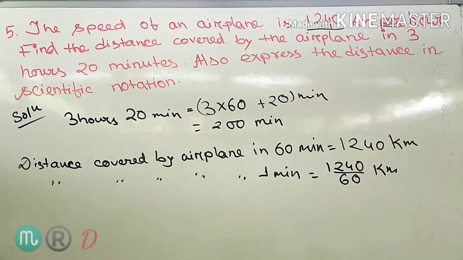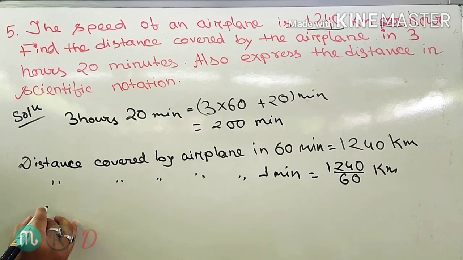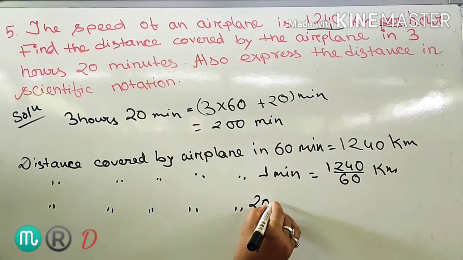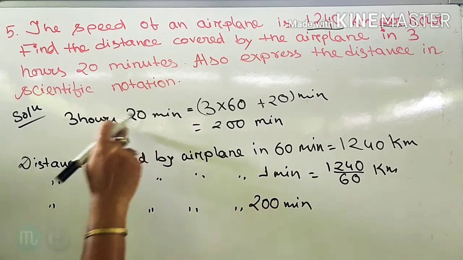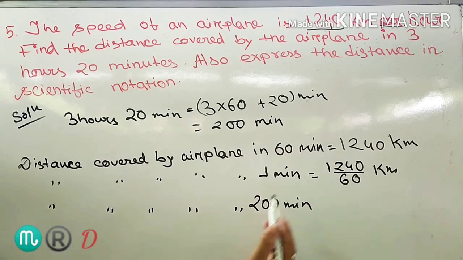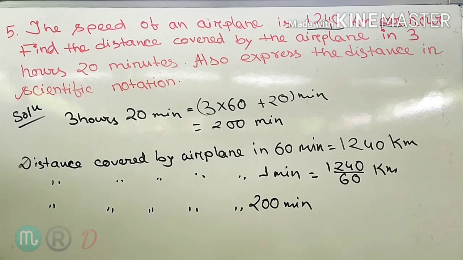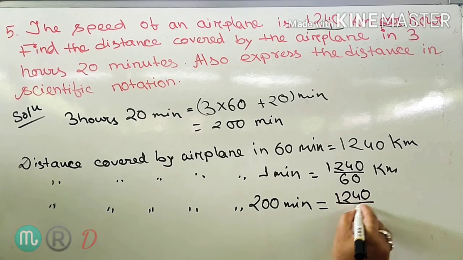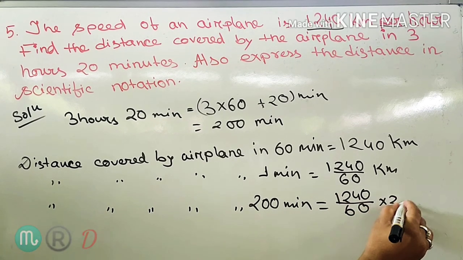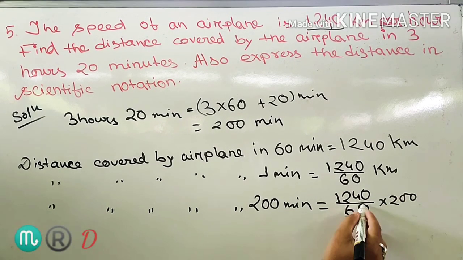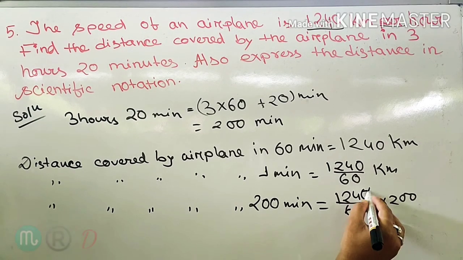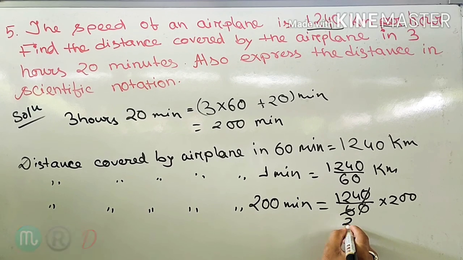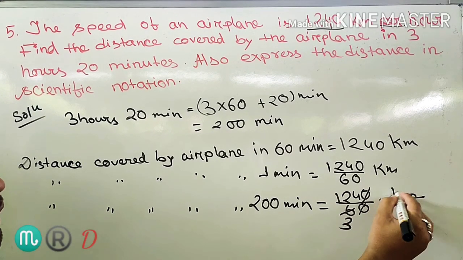So this is the distance covered in 1 minute, and you need to find out the distance for 200 minutes. So in the next line, distance covered by airplane in 200 minutes, that means 3 hours 20 minutes. So 1 minute is this much, for 200 you have to multiply. So we'll write 1240 by 60 into 200. 0 and 0 cancel, by 3, by 2, 3 times, by 200 times.